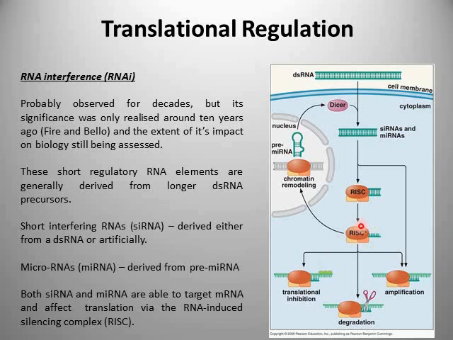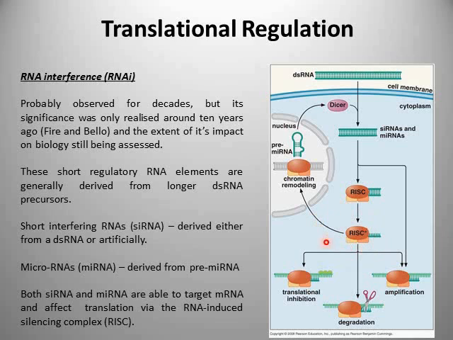There's another way in which RISC can affect gene expression, and that's by being directed back into the nucleus and directed to regions of the chromosome where it can affect chromatin remodeling in such a way that genes are switched off by virtue of methylation to promoter regions or changes to the actual genome architecture, to the accessibility to that particular gene.